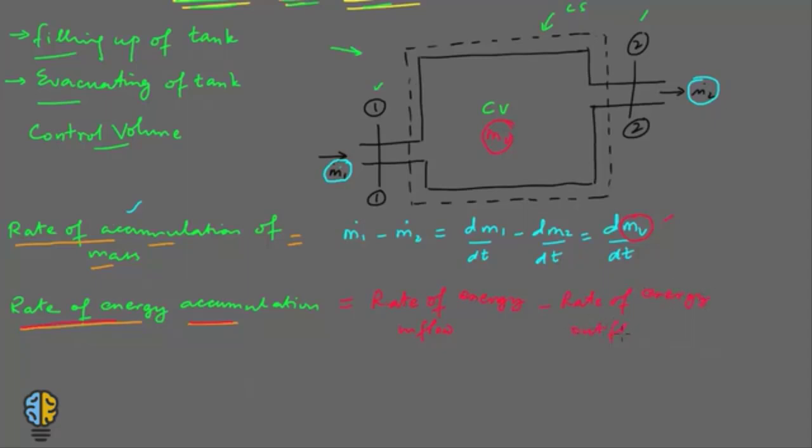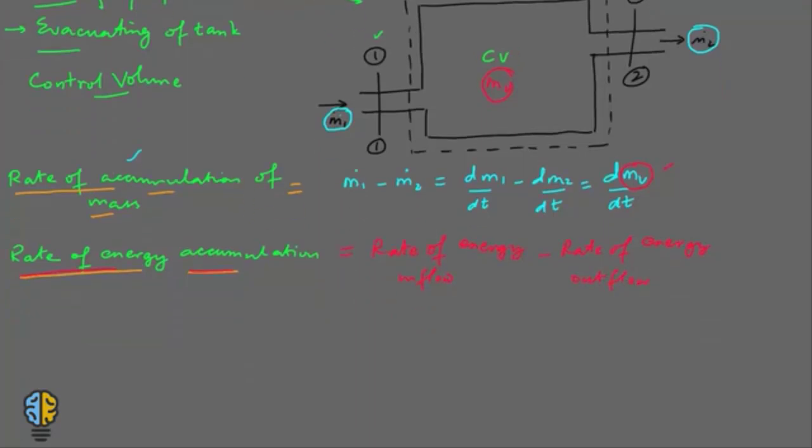Now let's start with the rate of energy inflow, and this is equal to the rate of energy accumulation within the control volume. The energy accumulated in the control volume at any instant, let us say that is EV, is equal to the sum of the internal energy u, plus the kinetic energy, mv square by 2, plus the potential energy.